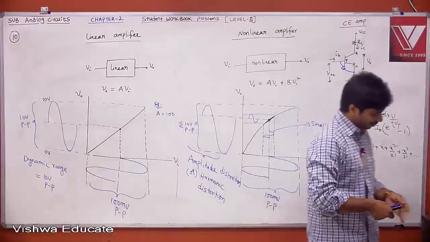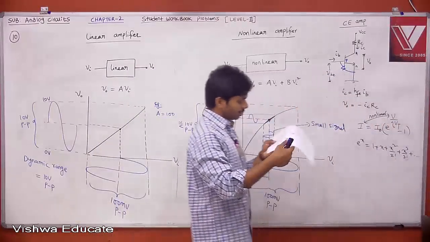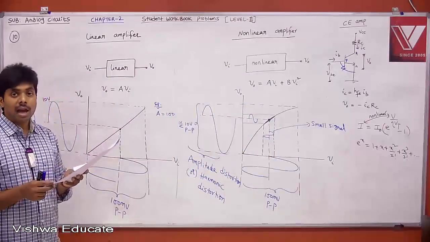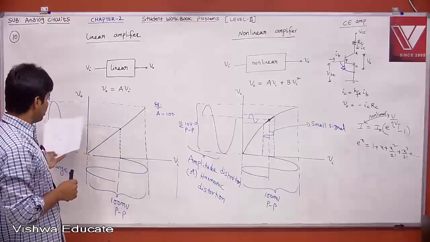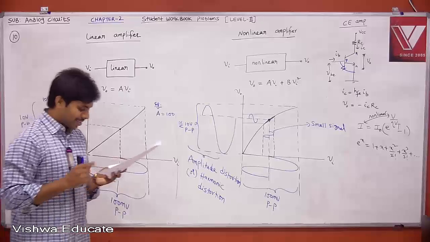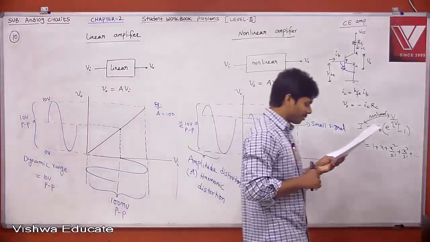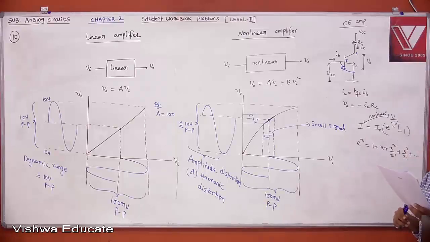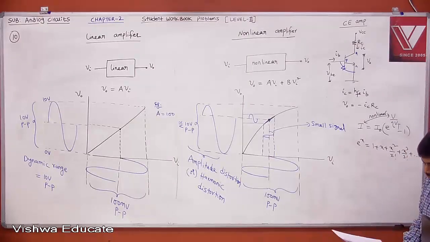Now if I go back to the problem. In order to reduce the harmonic distortion in an amplifier, its dynamic range has to be what?